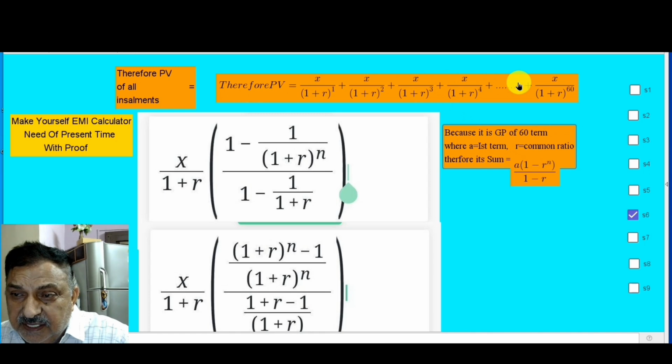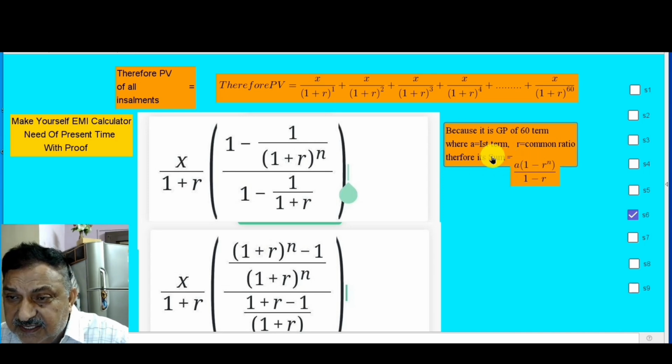The first term is X upon 1 plus R power 1, and the common ratio, dividing the second term by the first term, is equal to 1 upon 1 plus R. Because it is a GP series of 60 terms where A is the first term and R is the common ratio, its sum is, using the formula from lower classes, sum of GP is A into 1 minus R power n upon 1 minus R.